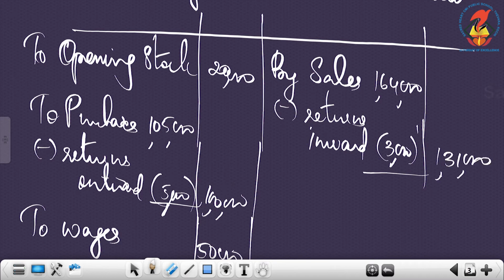Write less items within brackets always. It is 3,000 only, 1 lakh, so it will be 1,61,000.